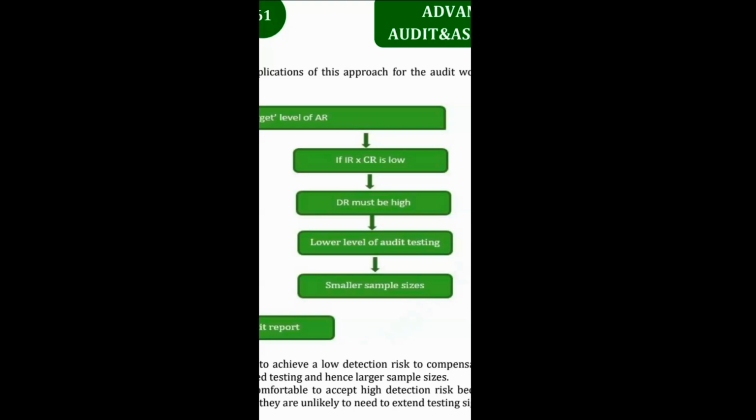So what that means is this. When detection risk is high, and it's very tricky, it means that the auditor has not understood the business. If you look at this diagram, when detection risk is low, there is a higher level of audit testing.